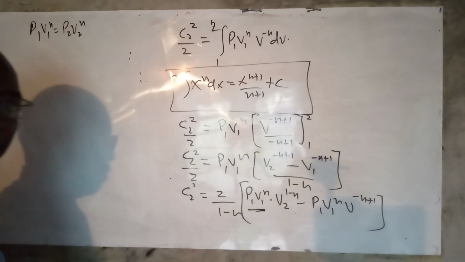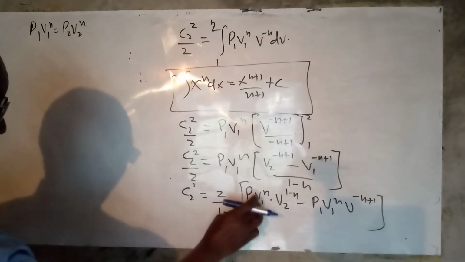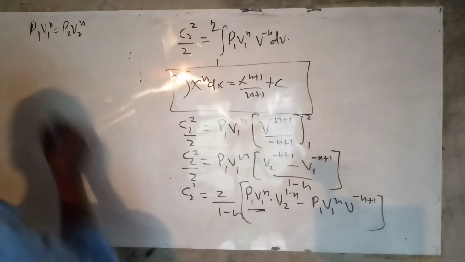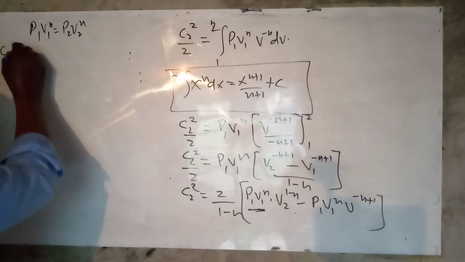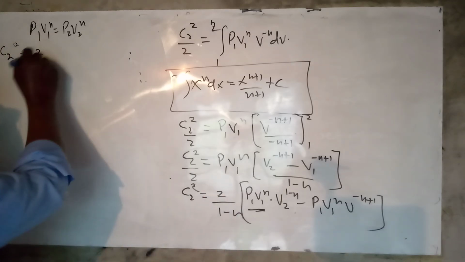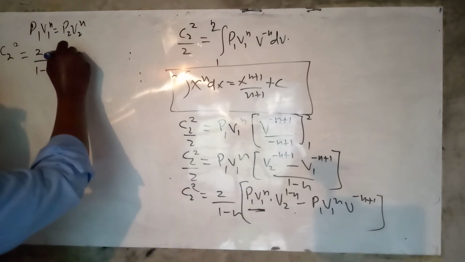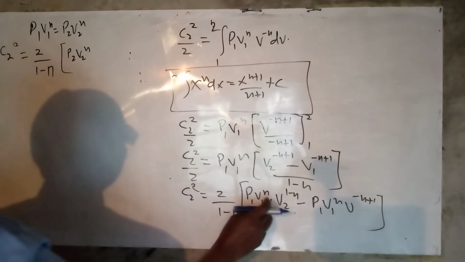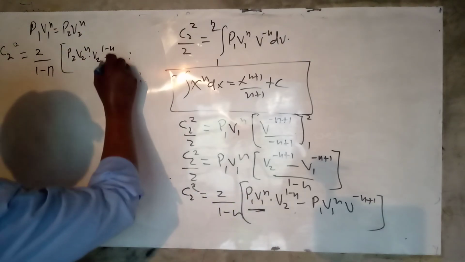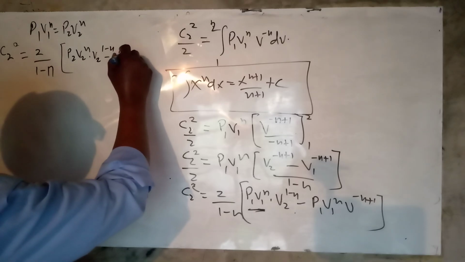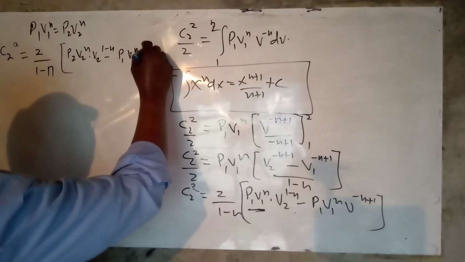For harmony in terms of the functions, we can replace P1 V1^n with P2 V2^n, so that we have C2 squared as equal to 2 over 1 minus n into P2 V2^n into V2^(1-n) minus P1 V1^n into V1^(1-n).